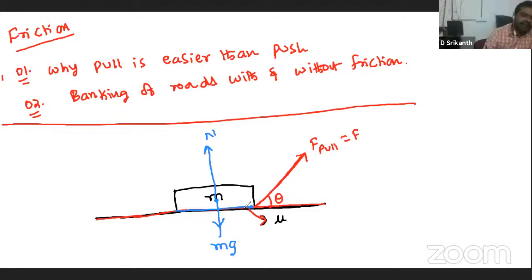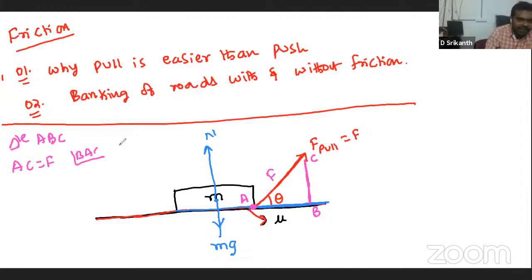Now I want to find the force acting parallel to the surface and perpendicular to the surface. In order to know this, I am drawing a perpendicular onto the surface. This point I am considering as A, B, C, such that AC is equal to F. In the triangle ABC, AC is equal to F, and angle BAC is equal to theta.